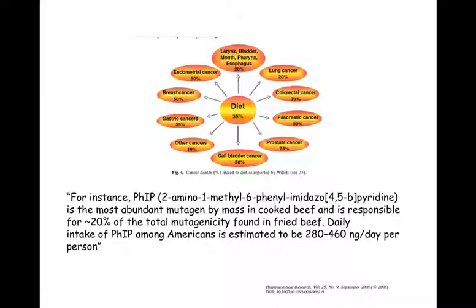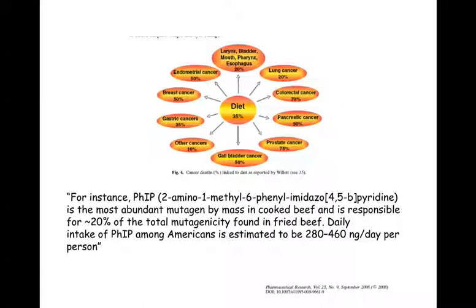Just as an example of chemical carcinogens, this is a quote from an environmental toxicology paper talking about one particular carcinogen, PhIP, which is 2-amino-1-methyl-6-phenyl-imidazole 4,5-b pyridine. That's the most abundant mutagen by mass in cooked beef, and is responsible for 20% of the total mutagenicity found in fried beef.